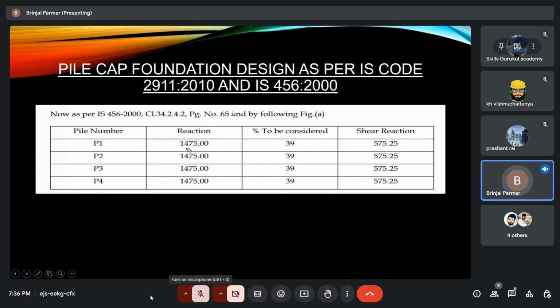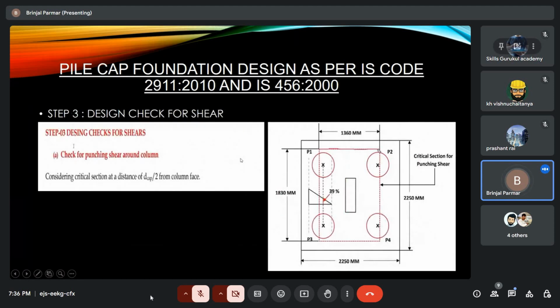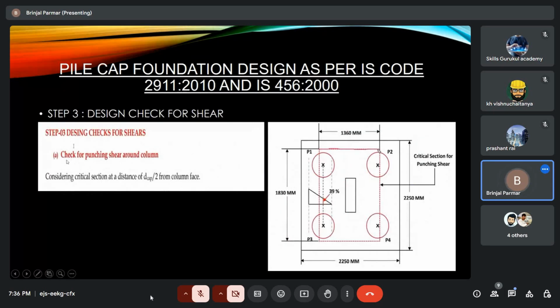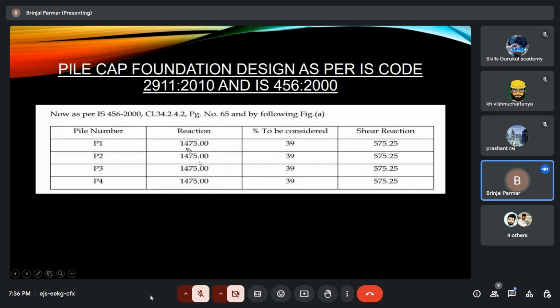So pile cap foundation, we get reaction as per number of piles. So P1 is 1475 and we consider 39%. We find this using AutoCAD also, and for shear reaction we multiply the reaction into the percentage, we get the shear reaction.